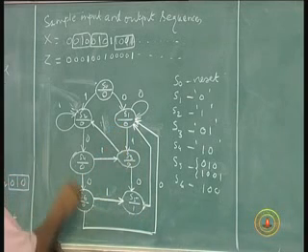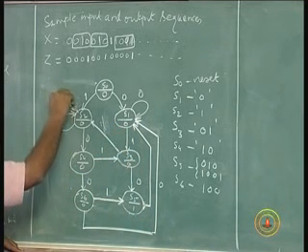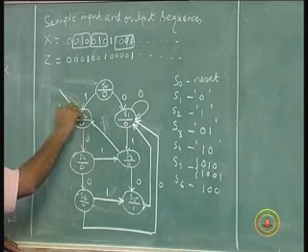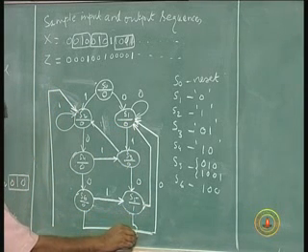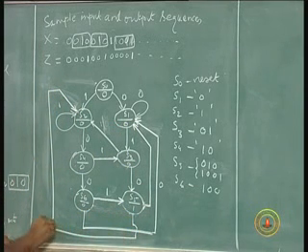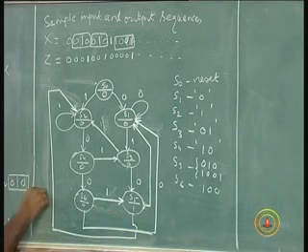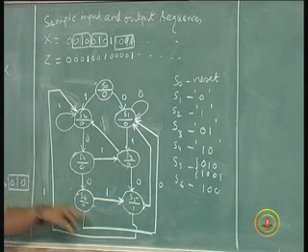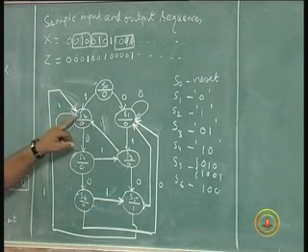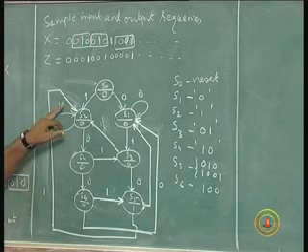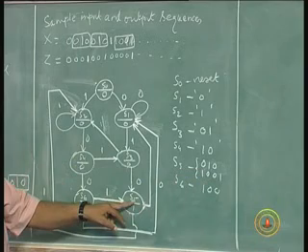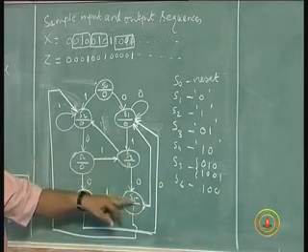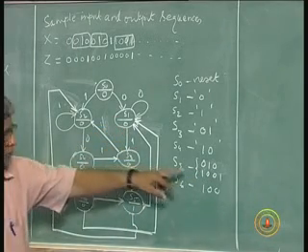And if 1 occurs, it will go to S2, because that is the starting point of a new sequence 1 0 0 1. So 1 will take it to this new state, S2, which starts a new pattern with a 1 for 1 0 0 1. If 0 occurs, it takes us to state S1, which is the start of a new sequence 0 1 0 here.